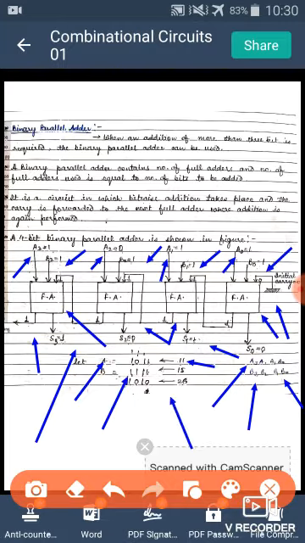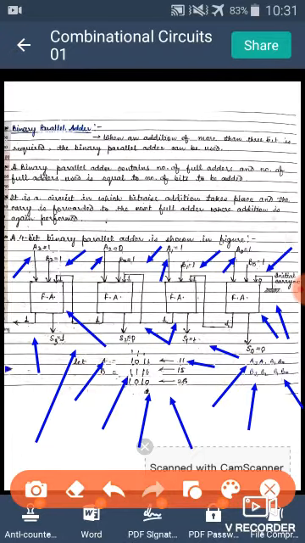What is the result of this addition? You can see in this example that 1011 plus 1111 results in 11010, which is equal to 26.